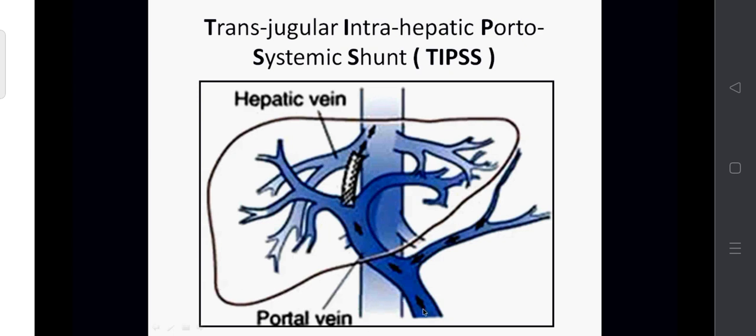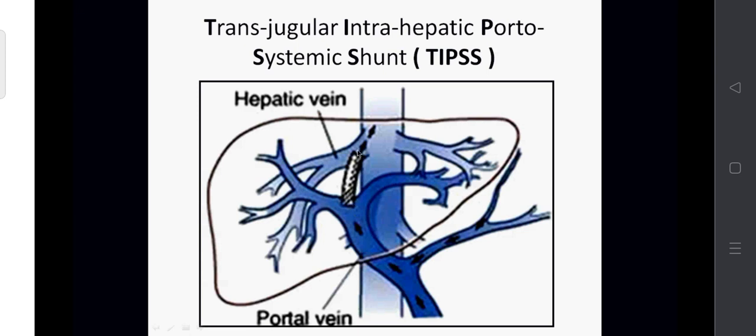Blood from the portal vein is bypassed through this anastomotic channel into the inferior vena cava. Here is the hepatic vein. Portal vein is connected with the hepatic vein. Blood will pass through the hepatic vein to inferior vena cava.